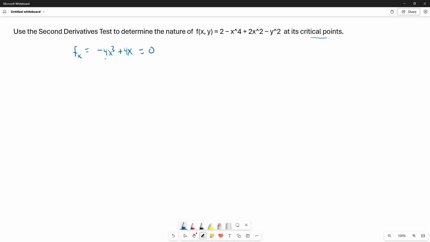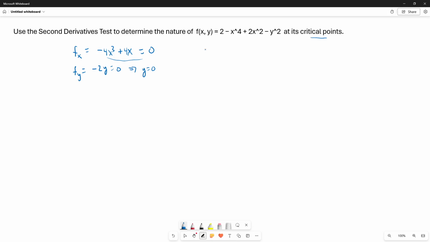So this is going to give us x values of the critical points. And let's look at f sub y: 0 + 0 + 0 - 2y. Negative 2y equals 0. Well, that's very simple. That means that the y coordinate at a critical point must be 0.